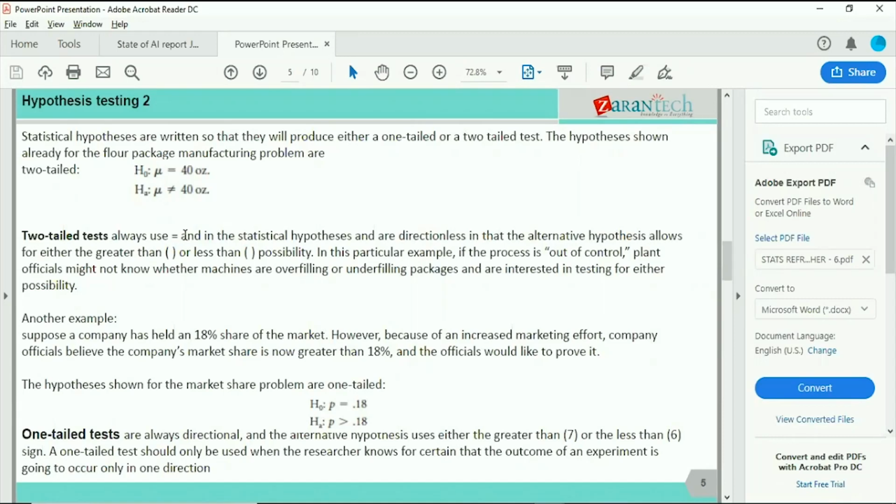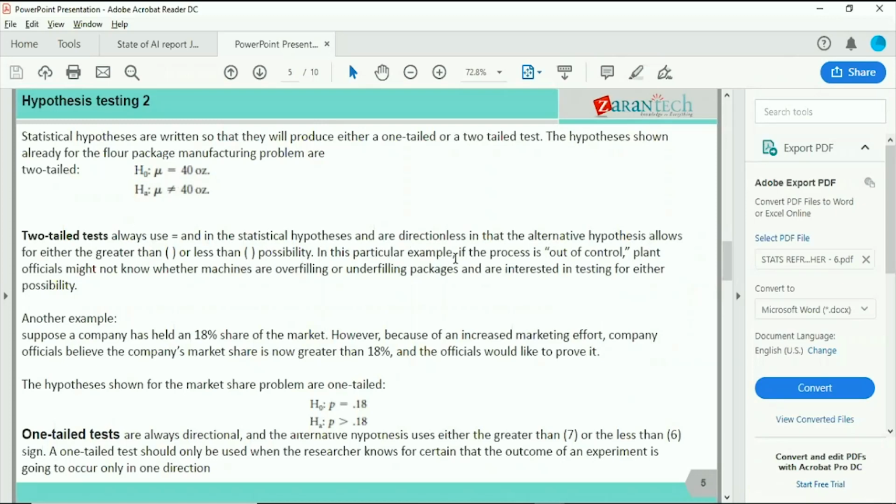Now, how will you give a direction to this value? You can either say it is greater than or less than. Then we can understand that I have to go beyond 40 or below 40. That will be a direction for this test.